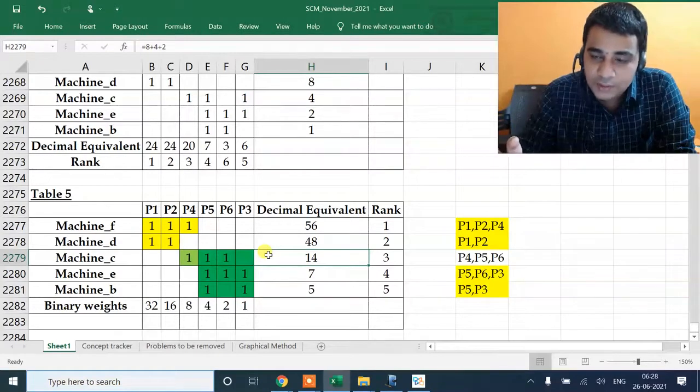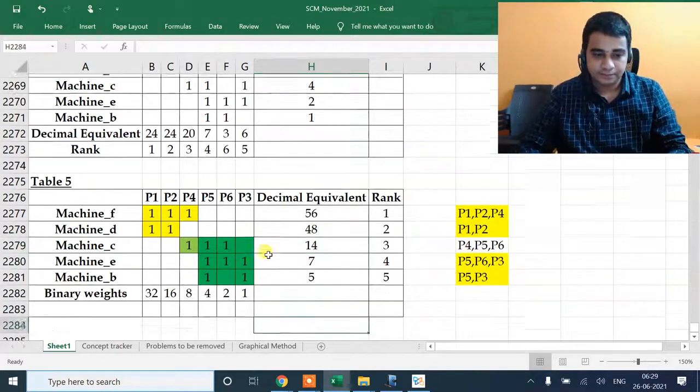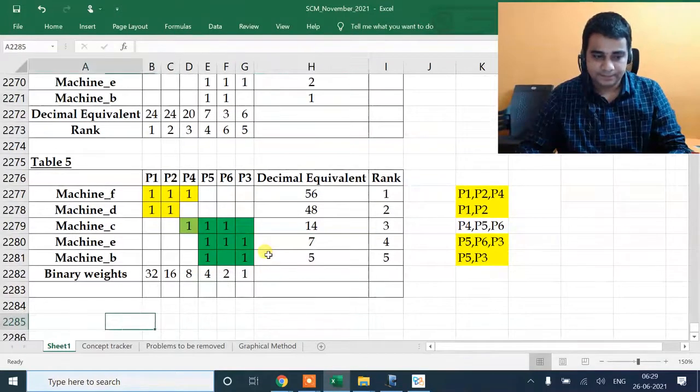The trouble is also with your machine C. Part 4 we have kept in cell 1 because machine F is there. The problem is with machine C. Should you keep it as part of cell 1 or cell 2? Wherever you keep it, there will be intercell movement. Objective is to have this movement as low as possible. Any doubts on this? Now write this.